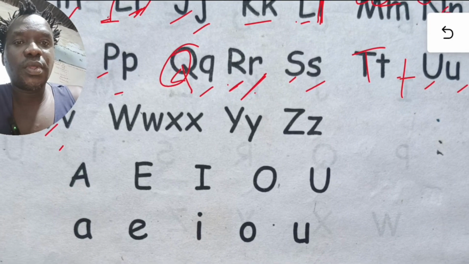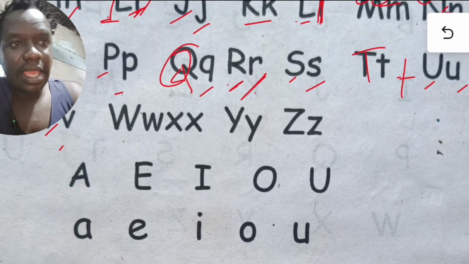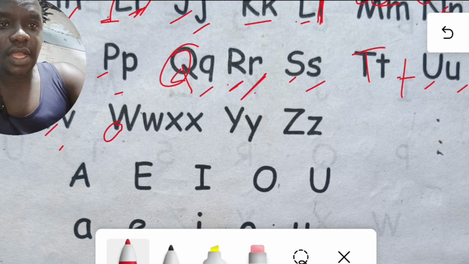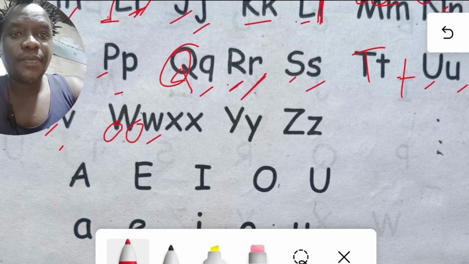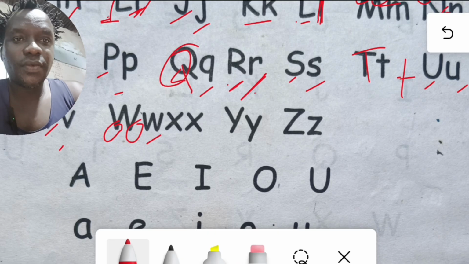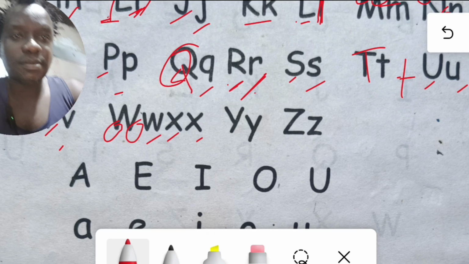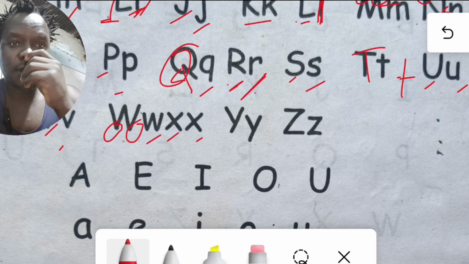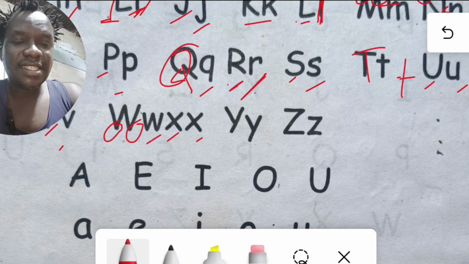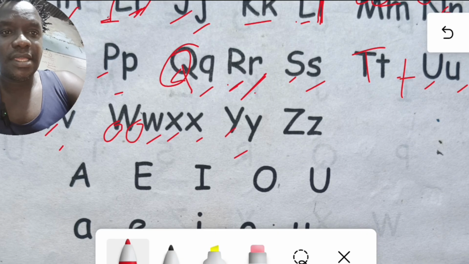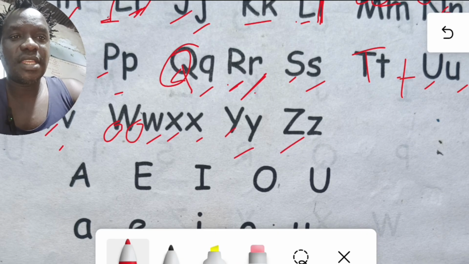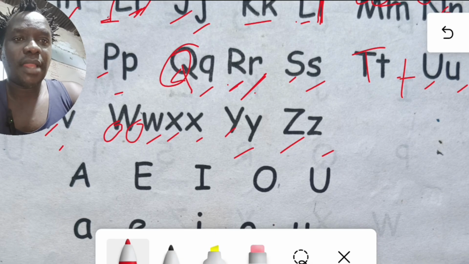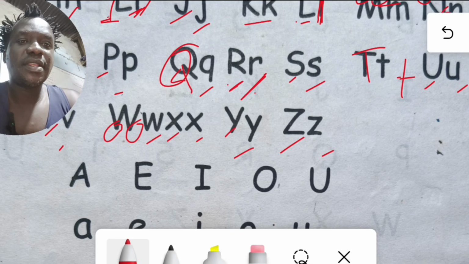But W is just like an M. W has a sharp edge for capital, but the small one is curved. And then X, capital X and small x, the difference is in size, and also Y and Z, they are the same and differ in size.